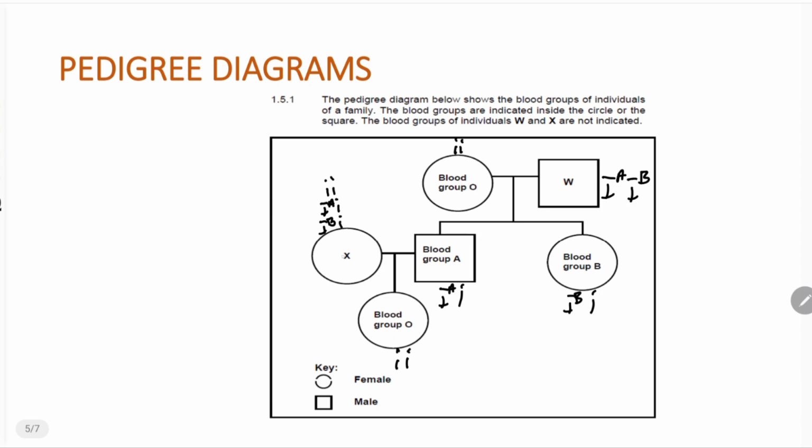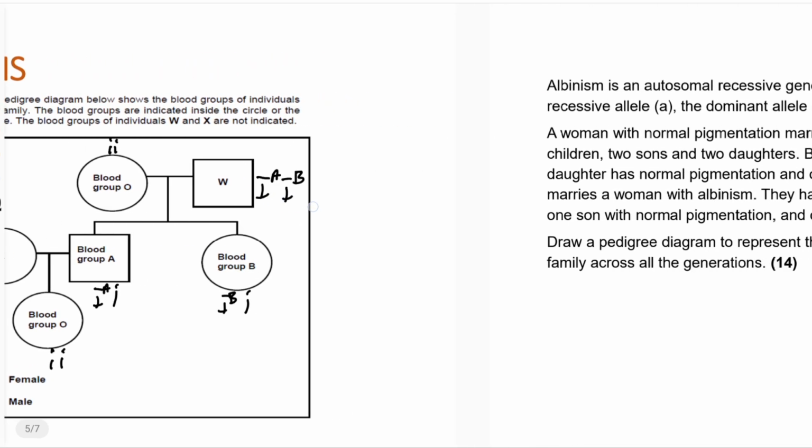So for individual X, there are 3 possible genotypes that will still result in this offspring here who has blood group O, right? And those are all the genotypes involved in this pedigree diagram.